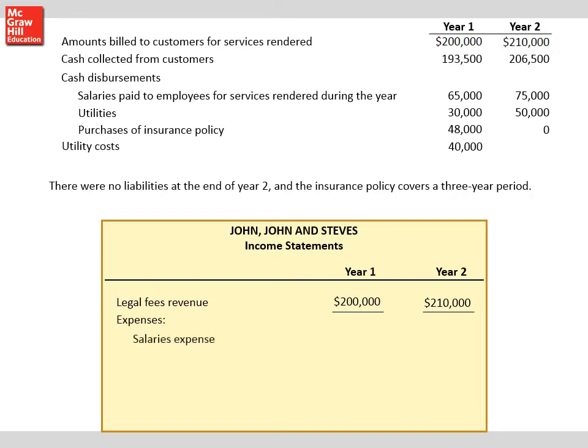The first one, salaries expense. Salaries expense for services rendered during the year. Sorry, utilities expense and then insurance expense. Let's get those all out of there. So the first year, salaries would be $65,000. The second year, $75,000. There's no other information to change that.